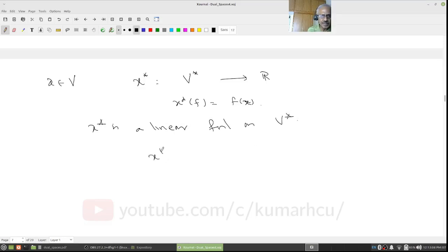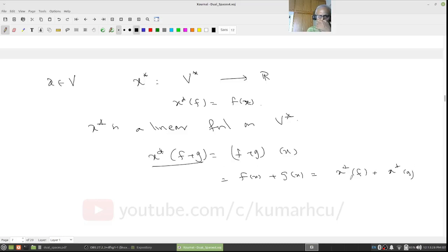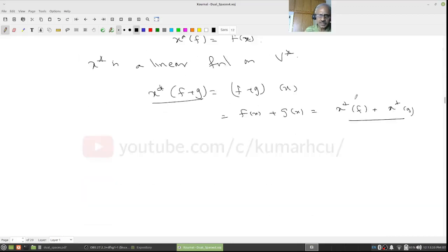Why is that? This is all very easy, but I will go through it. x star of f plus g, by definition, is f plus g at x. But how did I define vector addition of two linear functions? That is f of x plus g of x. But that is x star of f plus x star of g. So we have proved x star of f plus g is x star of f plus x star of g. Next thing is x star of alpha f.